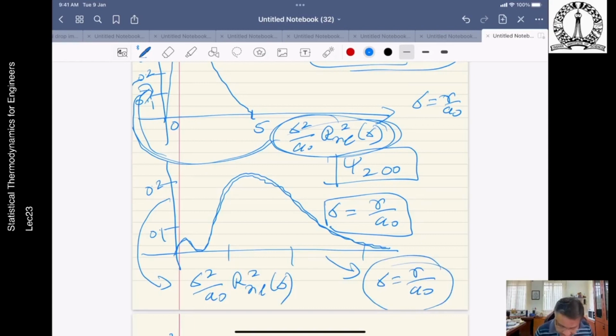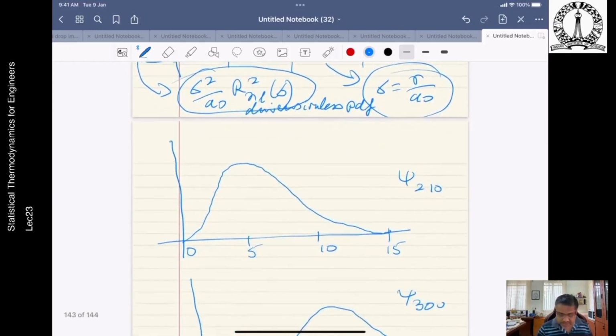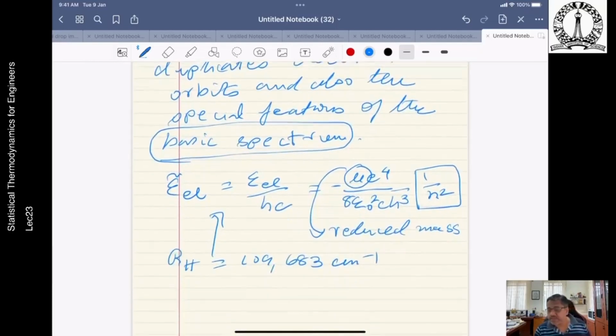This is the dimensionless PDF associated with the radial portion of various wave functions. It allows you to measure the extent of the electronic cloud spread, or the zone where the electronic cloud may be available, as shown in this figure.